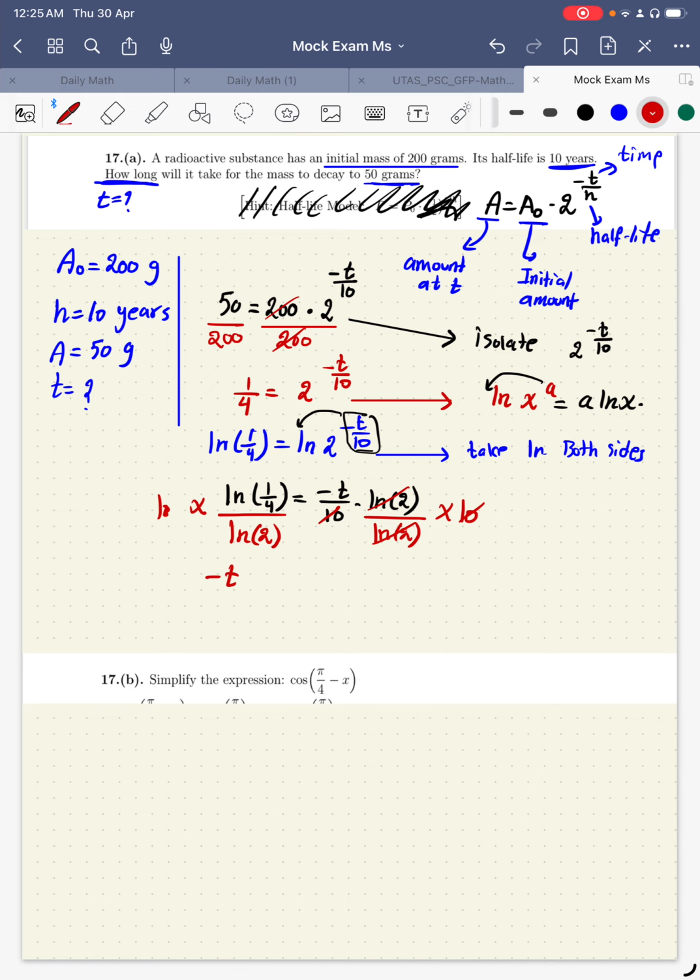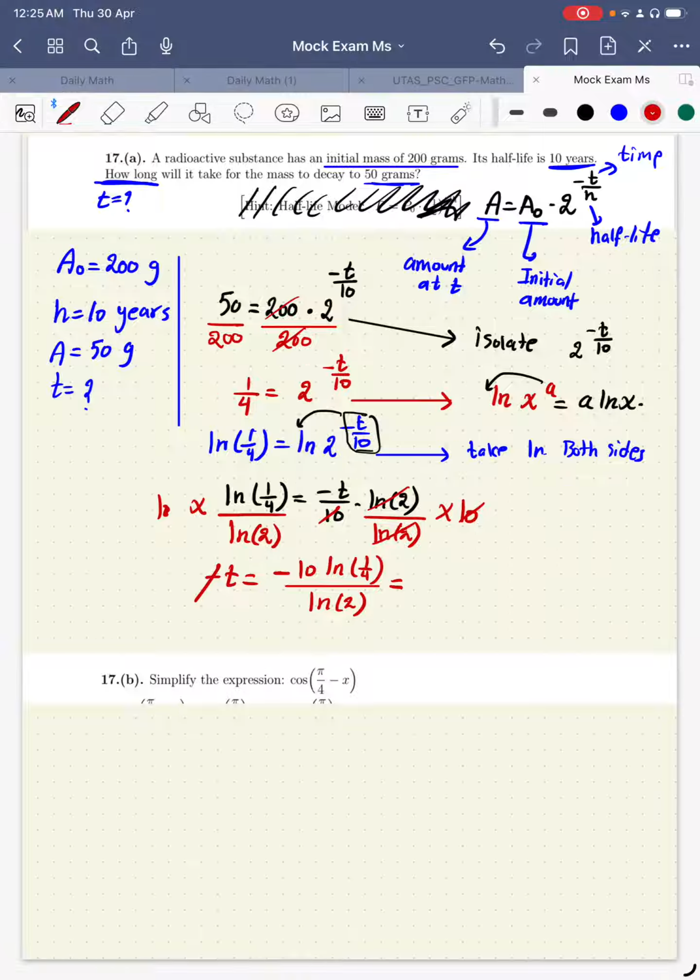I'm gonna end up with minus t equal 10 ln of 1 over 4 divided by ln of 2. Now I just need to take the minus, so I'm gonna divide both sides by minus.